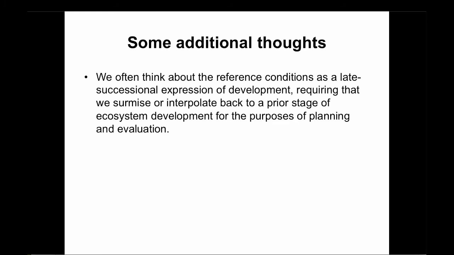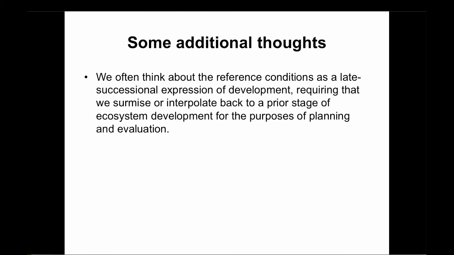It's the endpoint, that late successional description of the ecosystem that we're interested in restoring. And that's what we're going to use as our endpoint for our restoration, or our guide for our restoration.